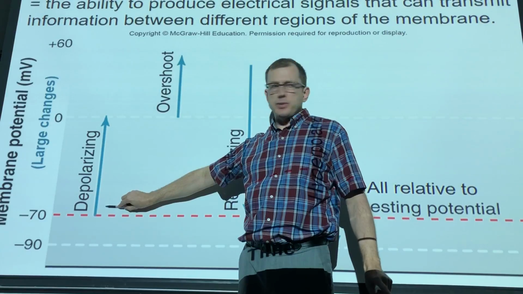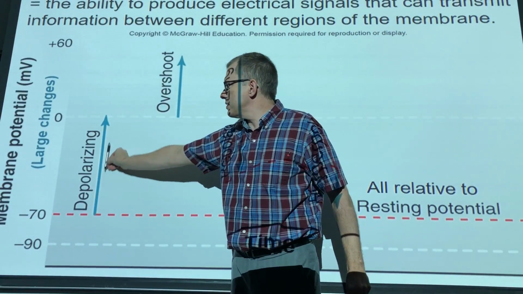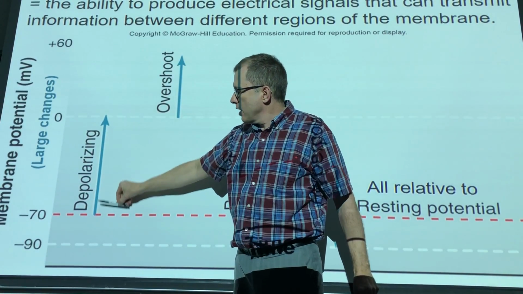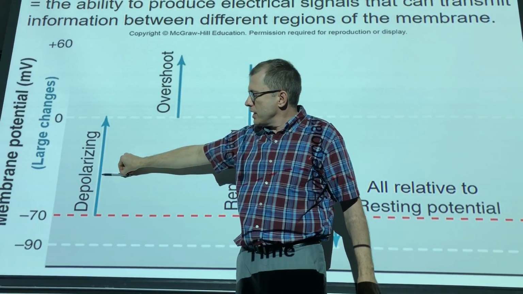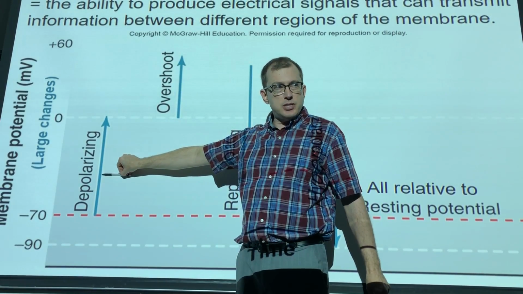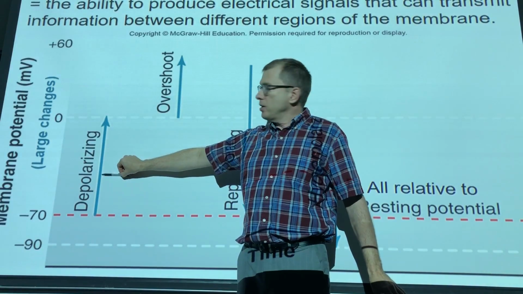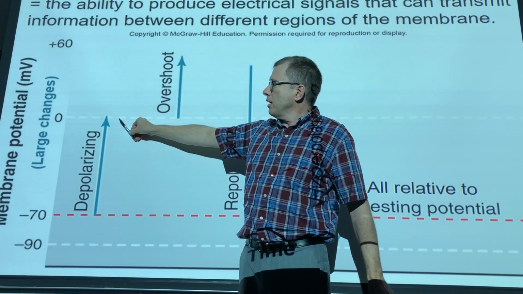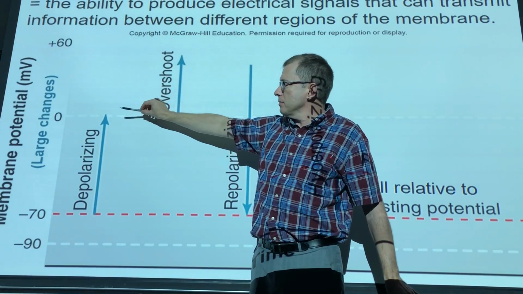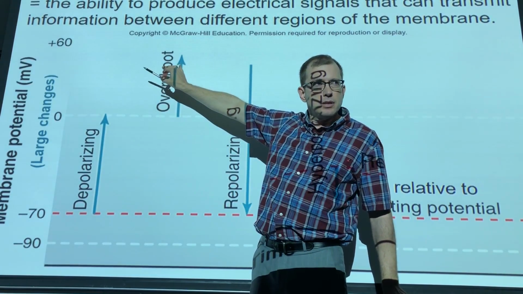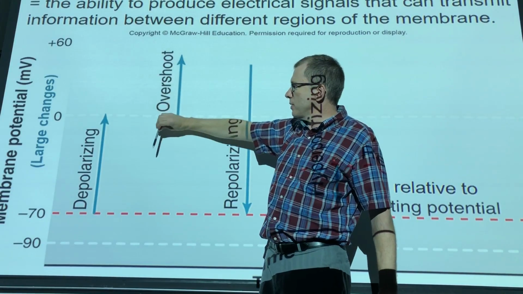That's what depolarization is. Depolarization is in this direction, but it can be less negative. So a minus 40 still represents depolarization, even though you have not crossed over to the positive nature of the charges, okay?